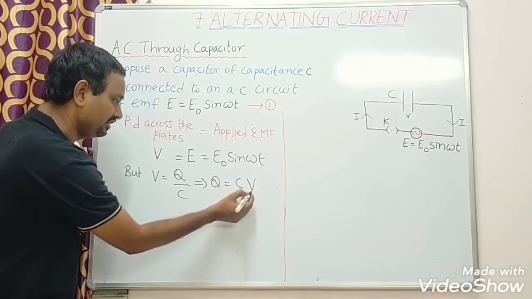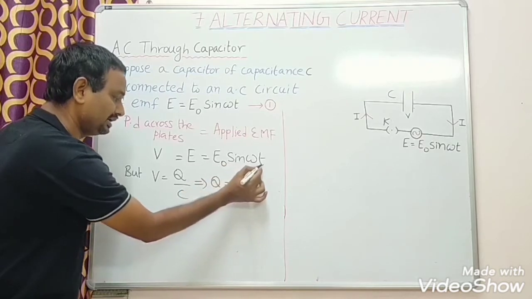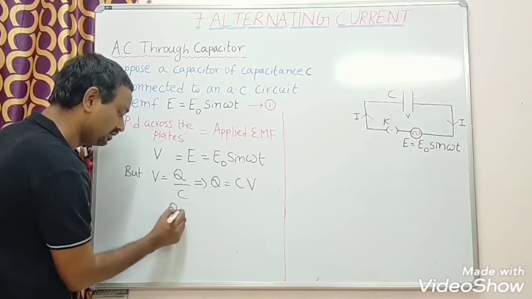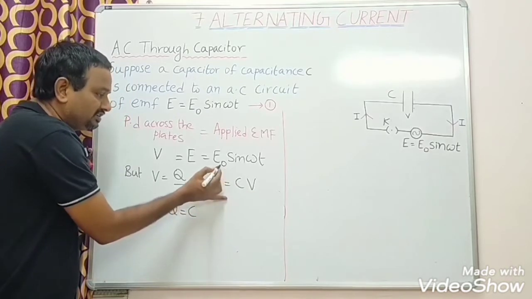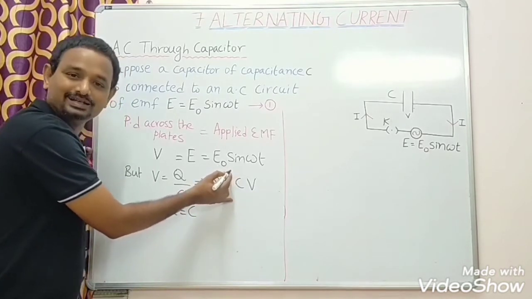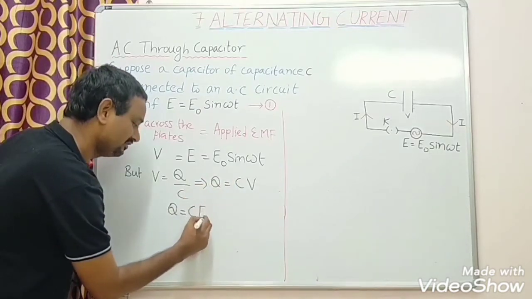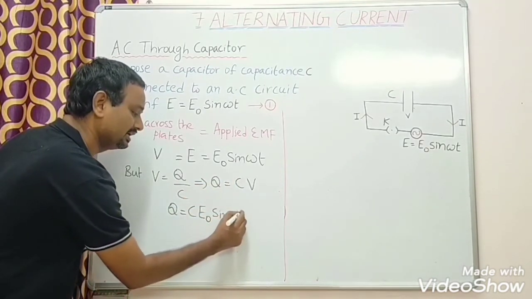In the place of V, I can write E naught sin omega t. So Q equal to C into E naught sin omega t.